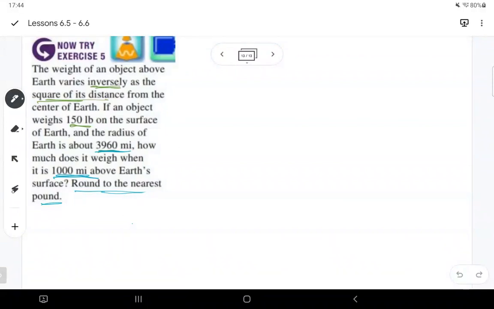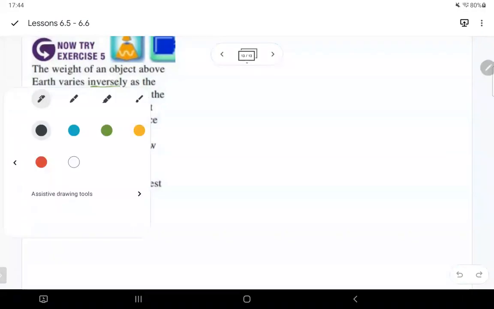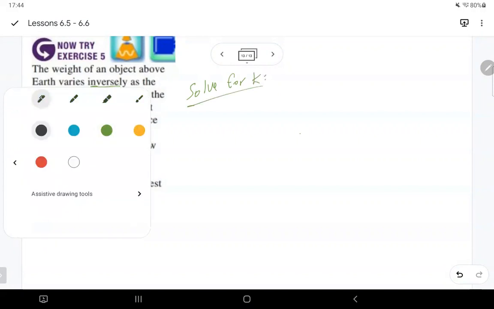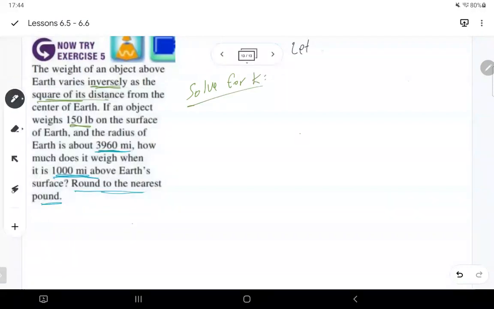Okay, last one for 6.6. The weight of an object above the Earth varies inversely as the square of its distance from the center of the Earth. So let's also give y to be w for weight and x to be distance.